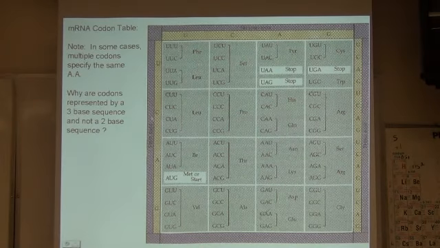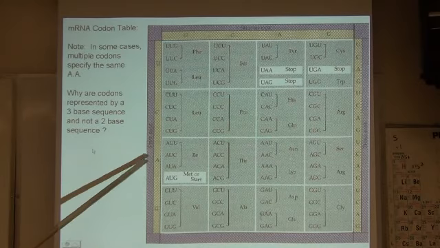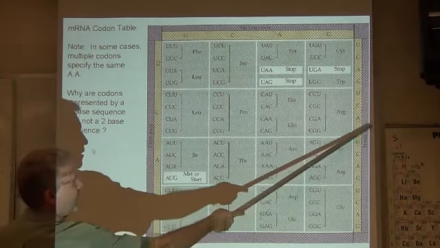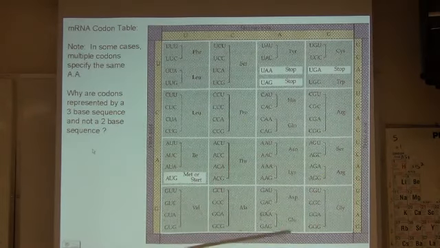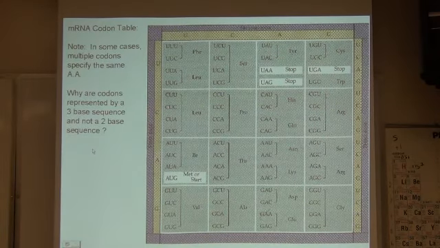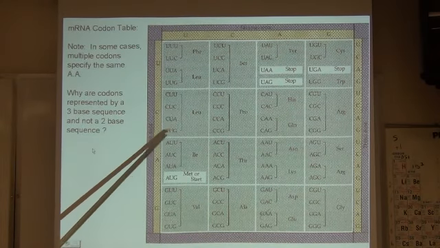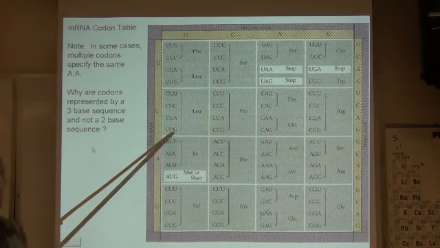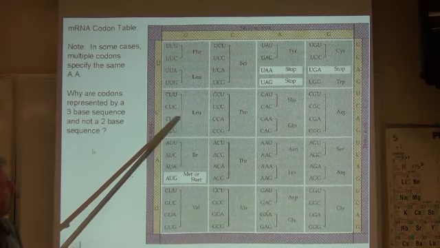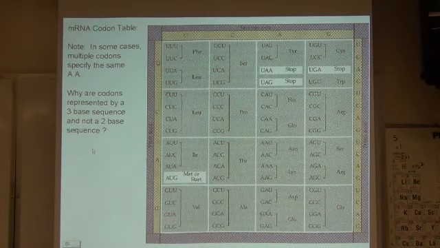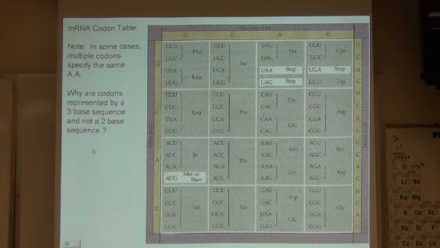This is a codon table. Here's the first nitrogenous base, second base, third base. So if we look at leucine, if your first nitrogenous base is C and your second one is U, it doesn't matter what your third one is, you're going to get a leucine.